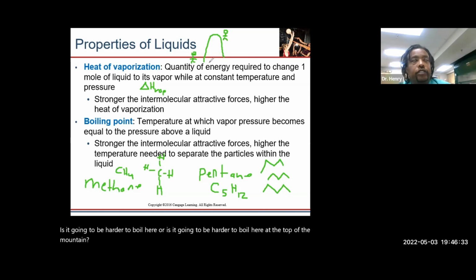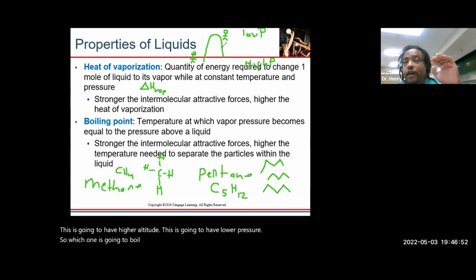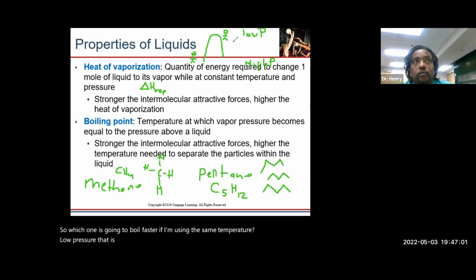This is lower altitude, so this is going to have higher pressure. This is higher altitude, so this is going to have lower pressure. So which one is going to boil faster if I'm using the same temperature? Low pressure. Low pressure, that is correct.